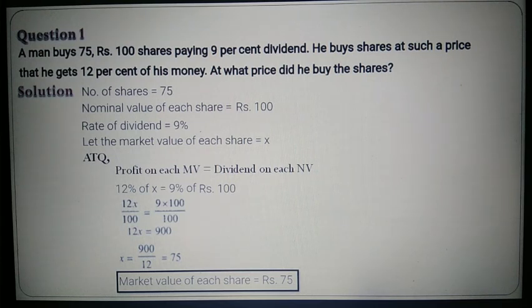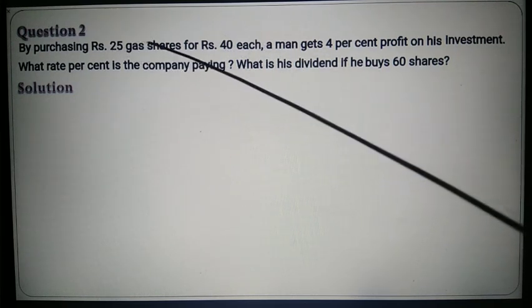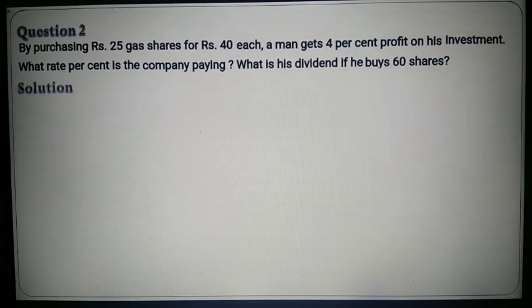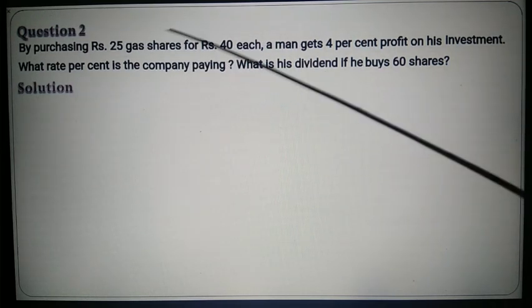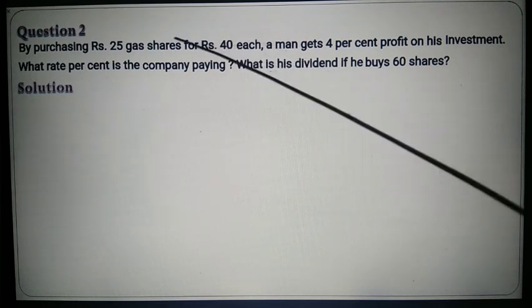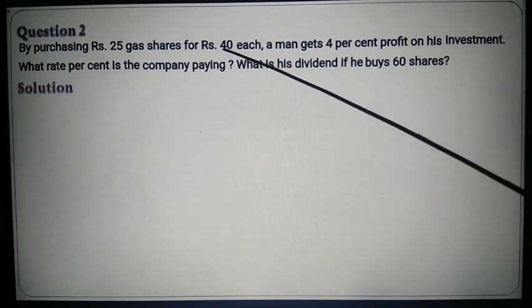Now we'll go to the next question. It says, by purchasing rupees 25 gas shares for rupees 40 each. Let us understand the meaning of this first sentence. Rupees 25 is my nominal value and rupees 40 is my market value.